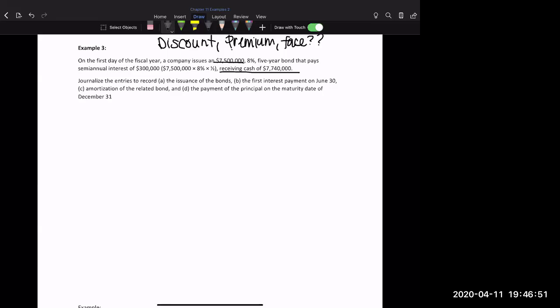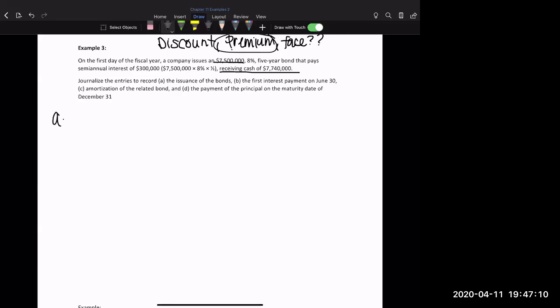Even though it did not tell us what the interest rate in the market was, by us receiving more than what we asked for, we know this is being sold at a premium, right? We're getting way more than we asked for. So let's journalize this transaction.